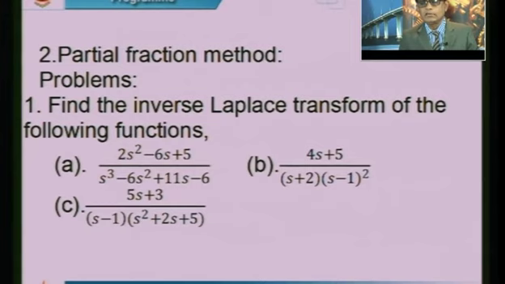Third one, 5s plus 3 divided by s minus 1 into s square plus 2s plus 5. All three examples are slightly different. Now, here also the method is not mentioned, just simply find the inverse Laplace transform.